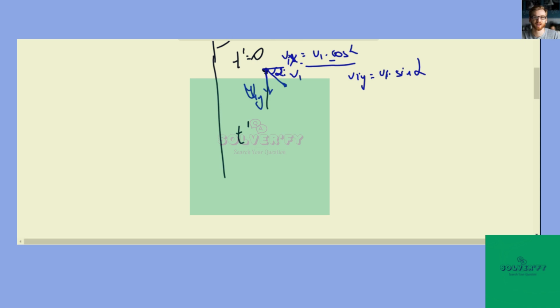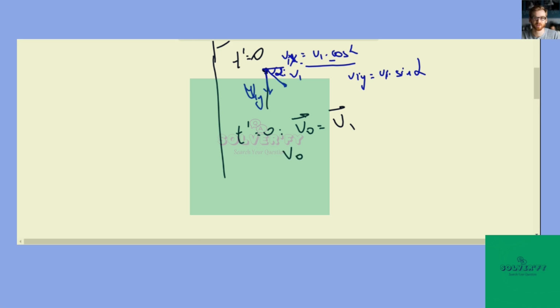At t prime equals 0, v0 equals v1. So basically we just shift the time scale, but it helps us solve the problem and we are not doing anything wrong.